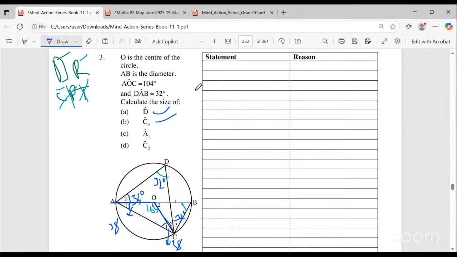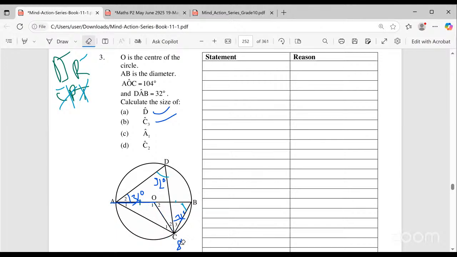I got 52. You got 52. You're saying you got 52. I just said also got 52 for A1? Yes, sir. How did you guys get 52? Okay, maybe I made some mistake, but look, this is what I did.